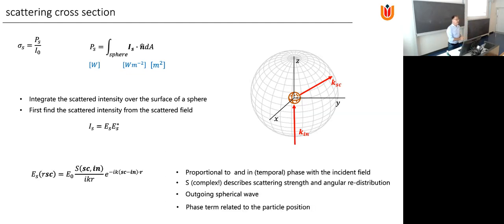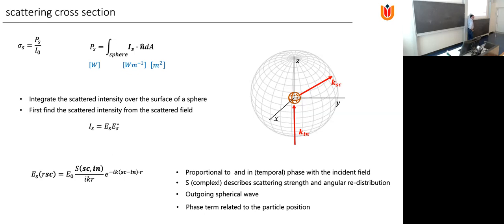And the expression of the electric field that we found is given here. So the scattered field at some distance r away from the scatterer in the direction given by this wave vector, k scattered, unit vector scattered here.